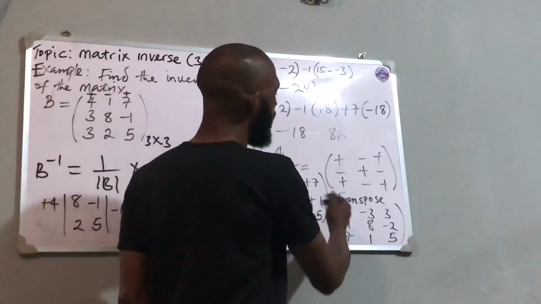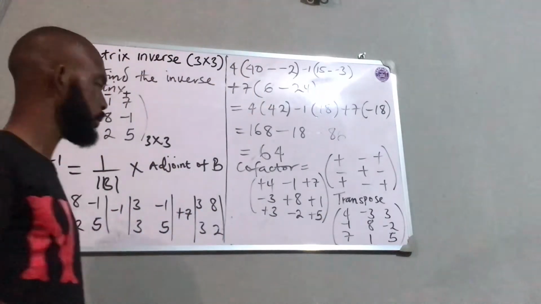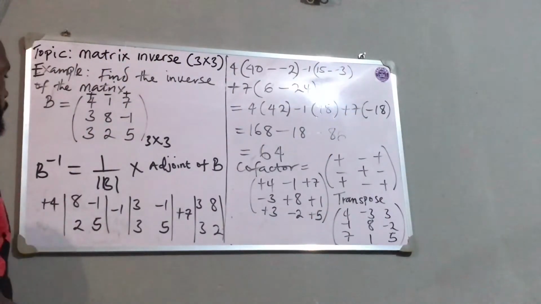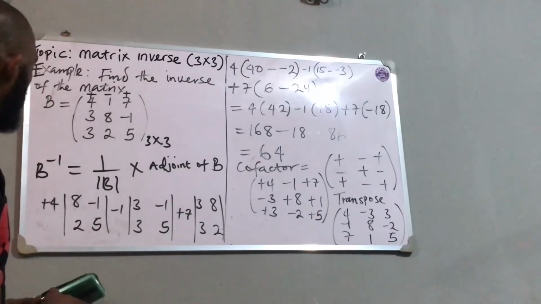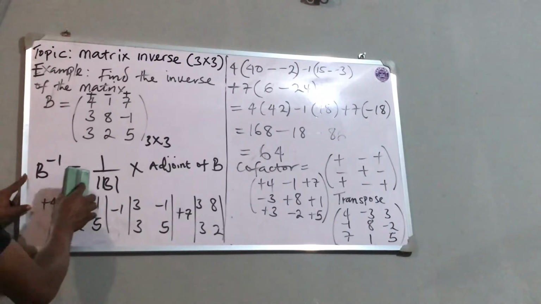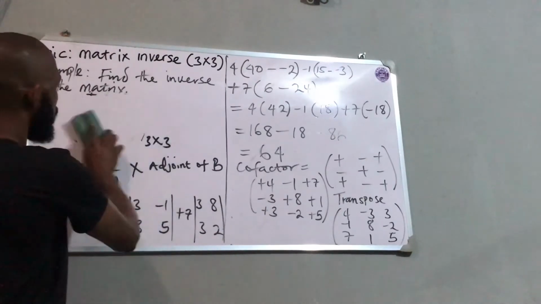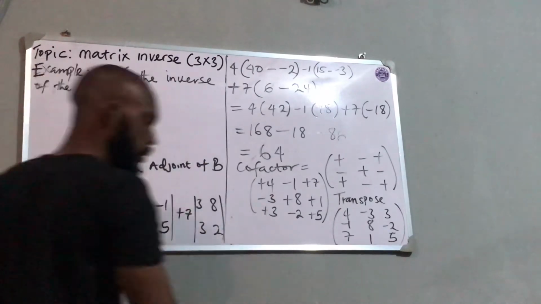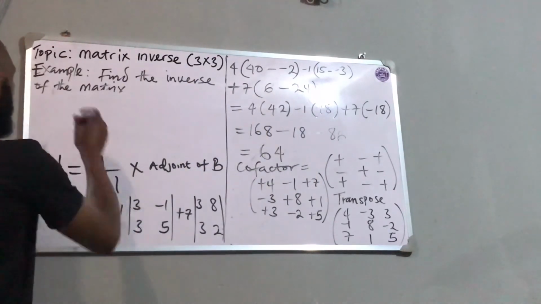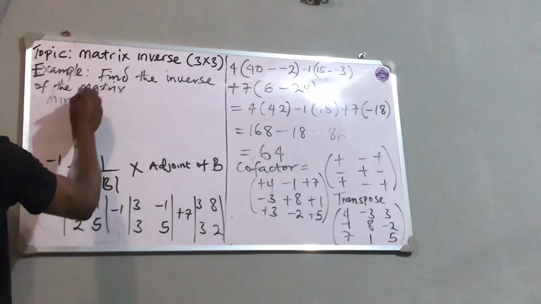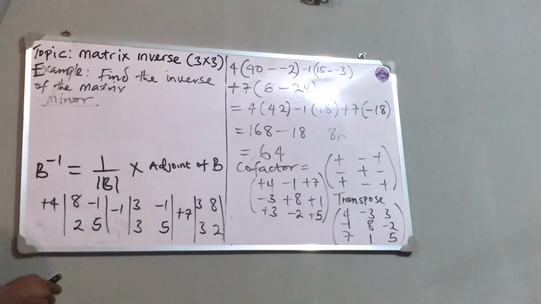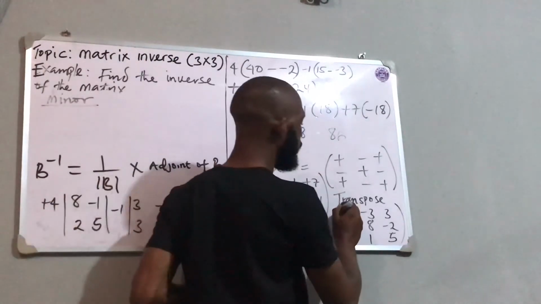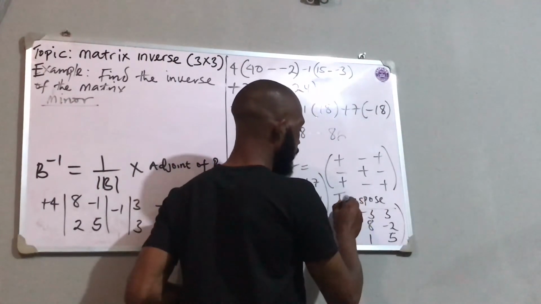Now let's find the minor for the first one, which is 4. Now for us to get the minor for that, which is 4, let me use this side. For me to get the minor for the first element 4, I have to delete the first row and first column.